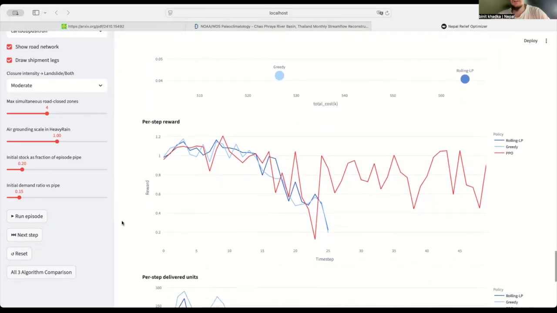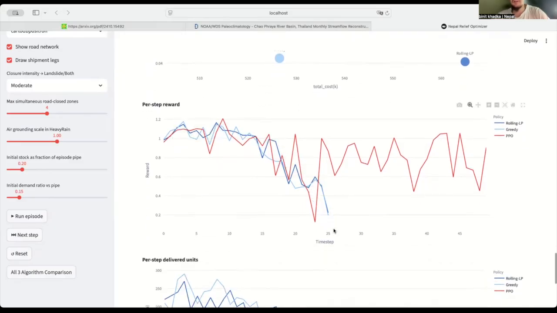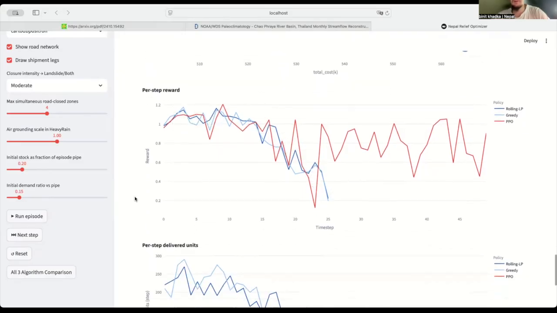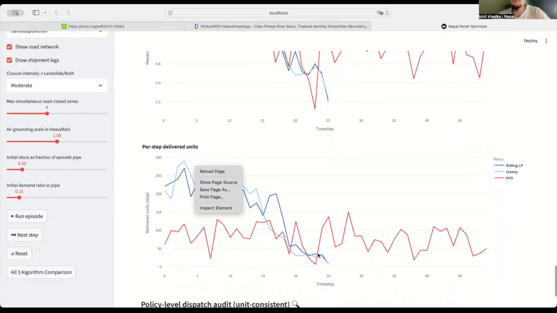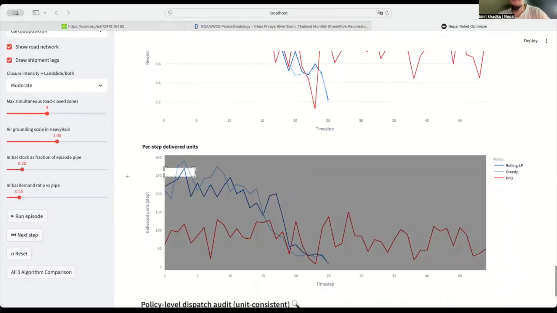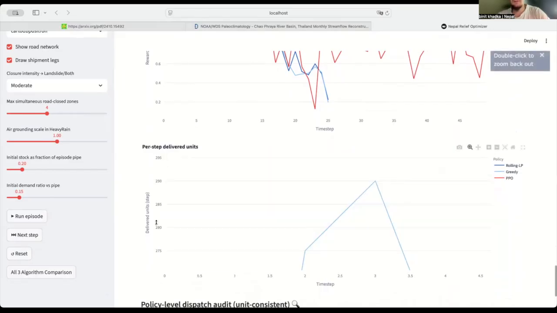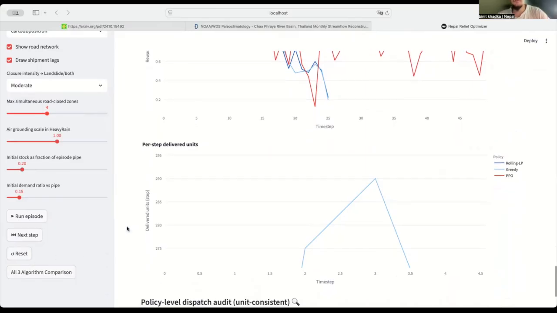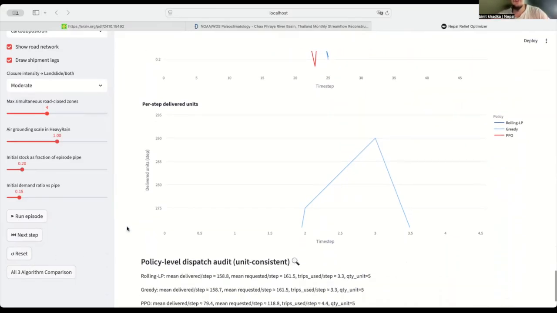Due to this, you can see the per-step reward gets discontinued after 25 because it runs out of all the stock. It doesn't have the necessary adaptivity to last that long.